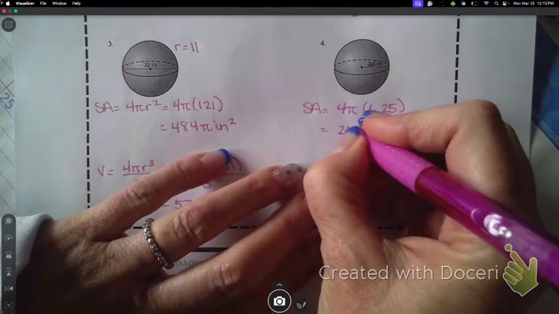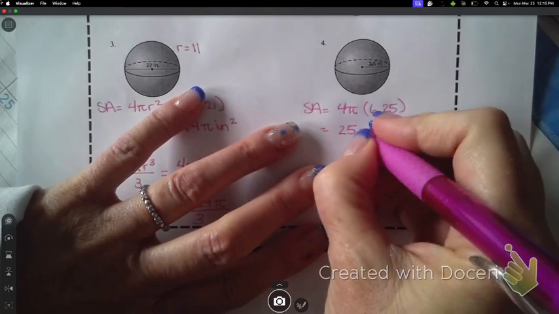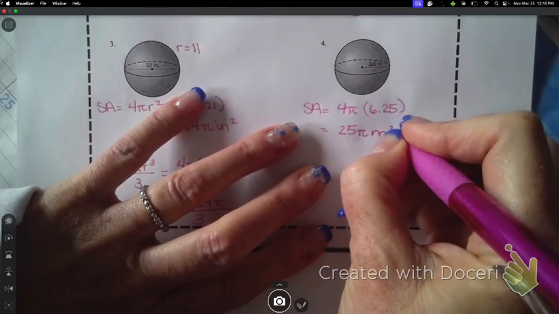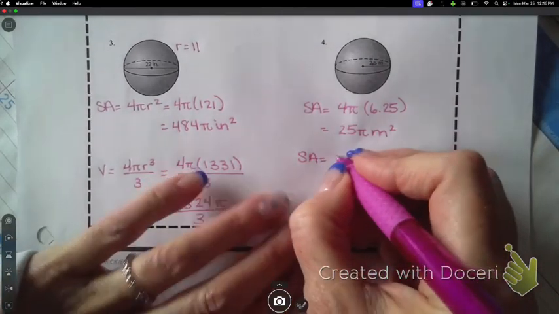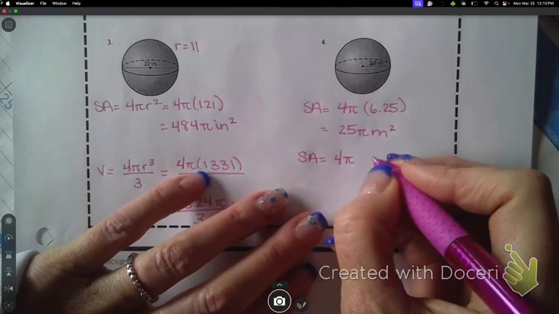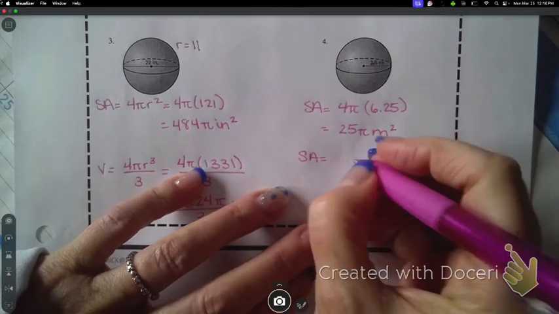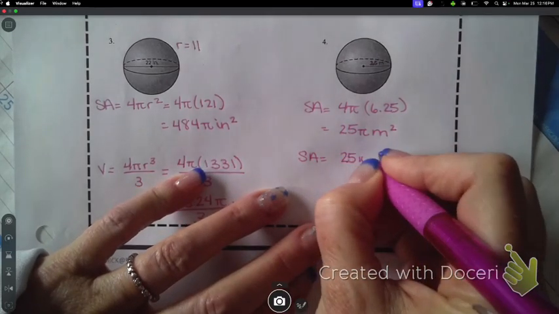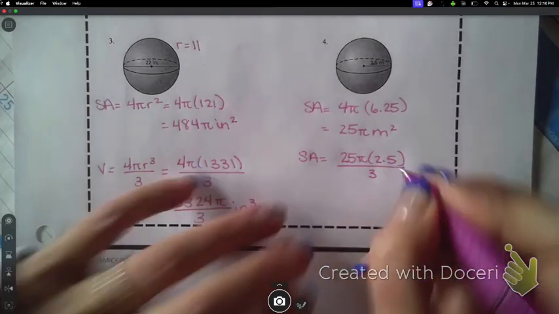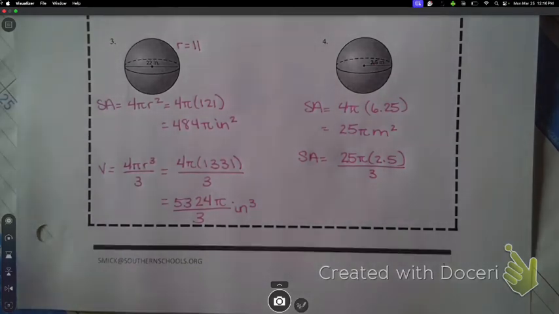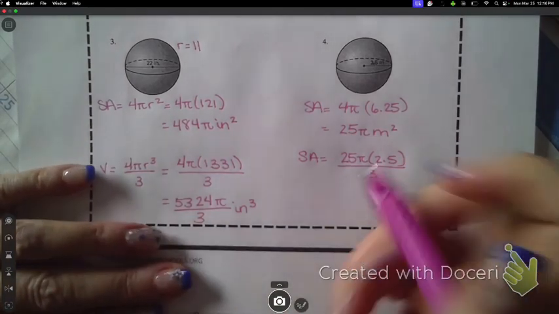Did you put surface area twice? Oh, I didn't mean to.